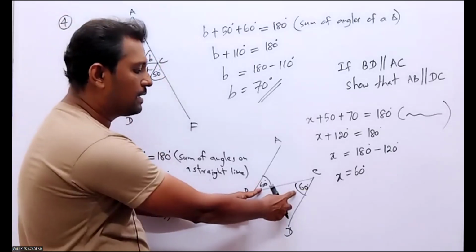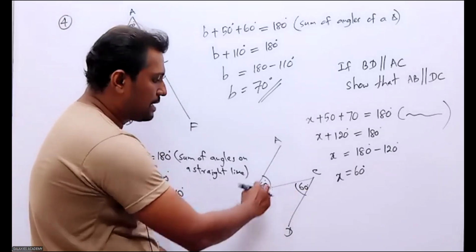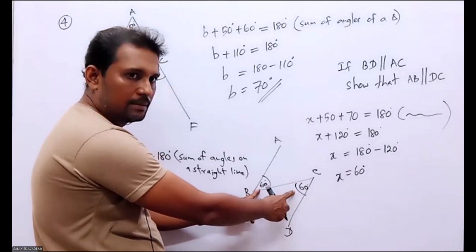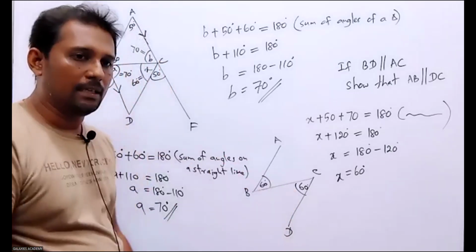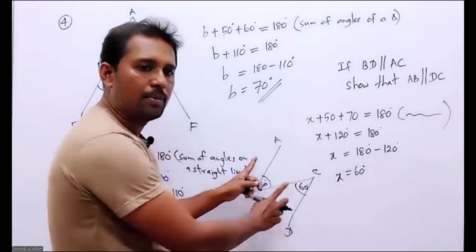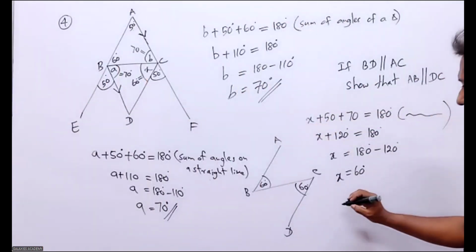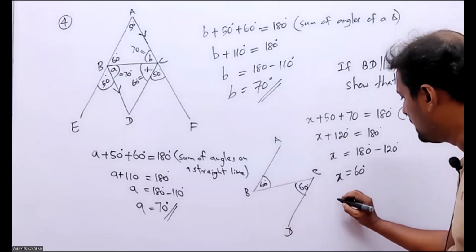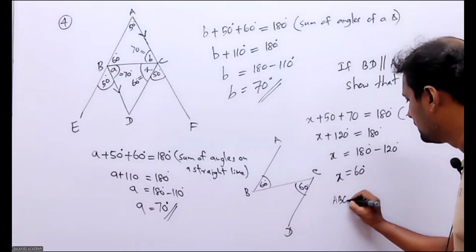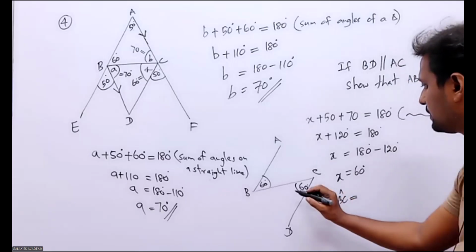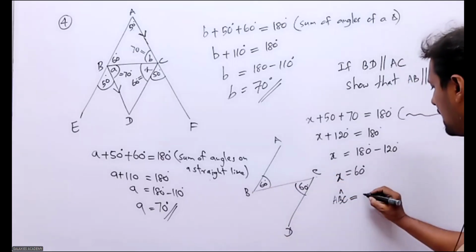Then these two are equal, no? What's the shape of these two? Alternate. If alternate angles are equal, these two lines should be parallel, right? So I can write ABC angle equals BCD angle.